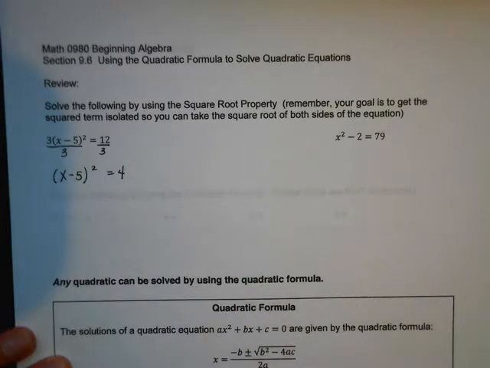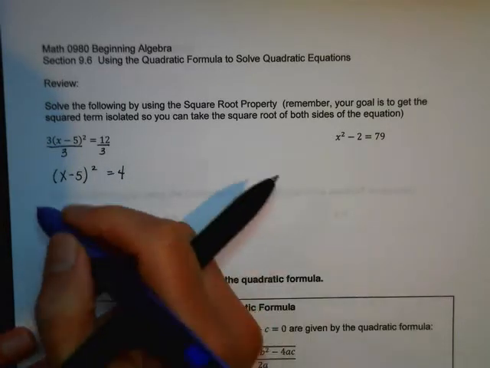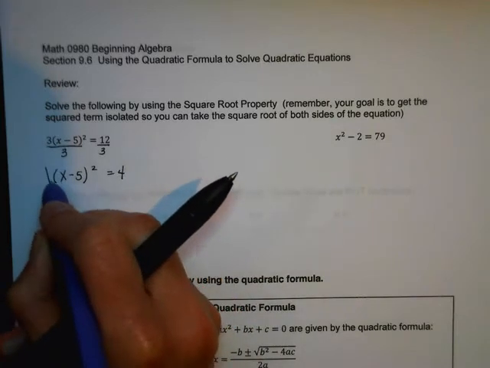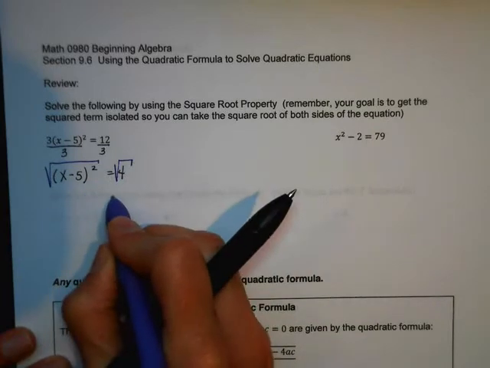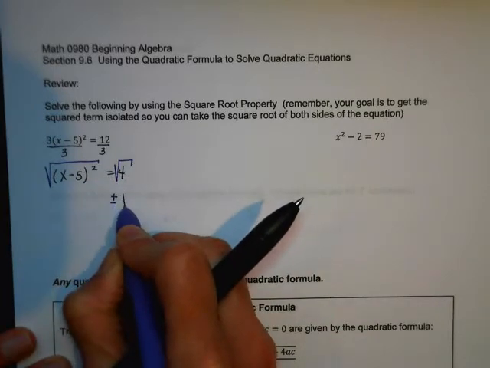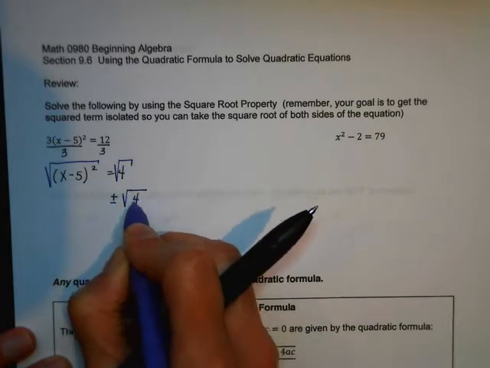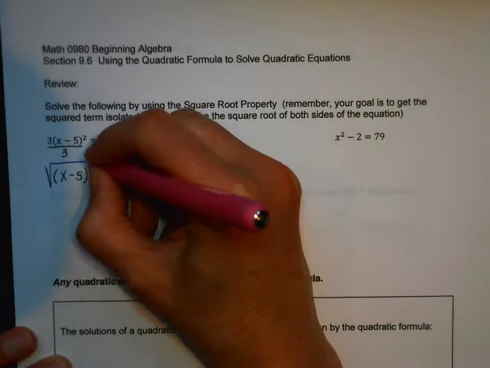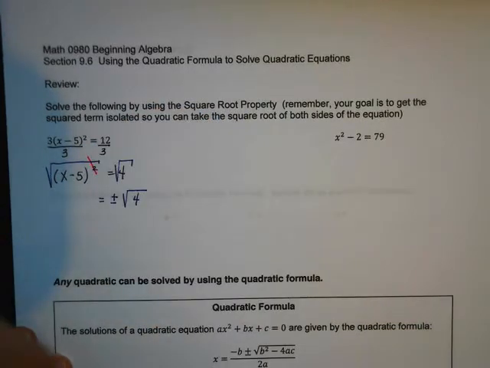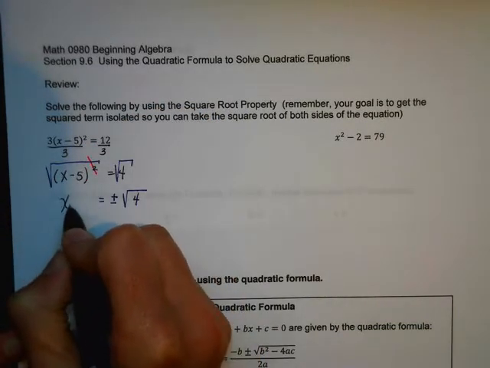So to undo a square, we can take the square root of both sides. Just don't forget that we have to sneak in the plus and minus in front of that square root symbol, and that the square and the square root cancel each other out. So the x minus 5 is just going to fall out of that square root symbol.